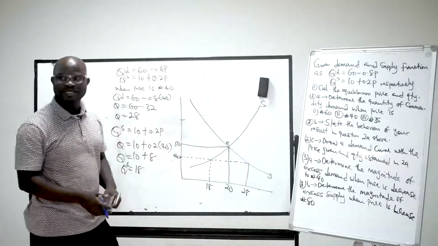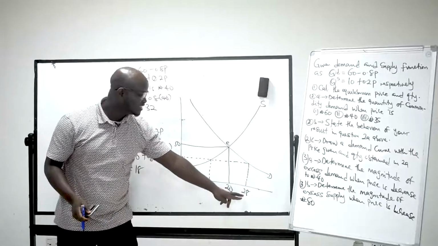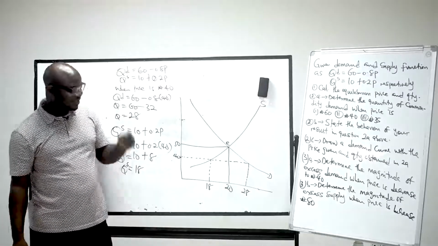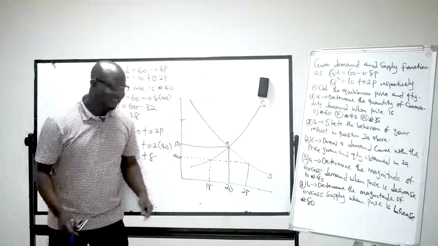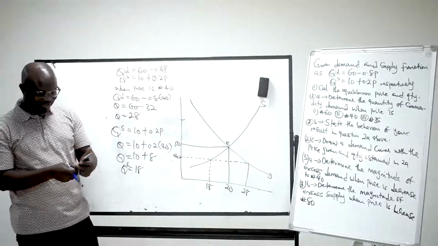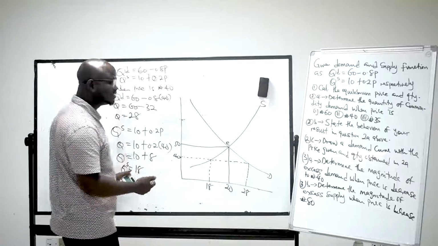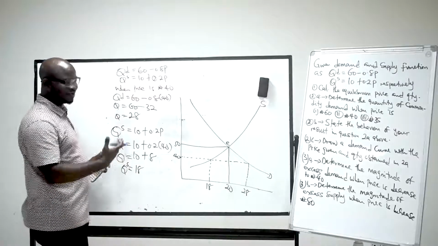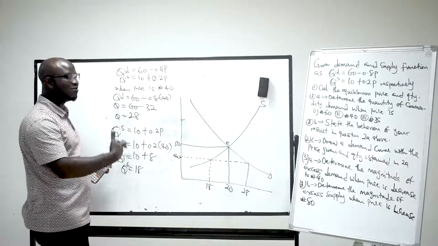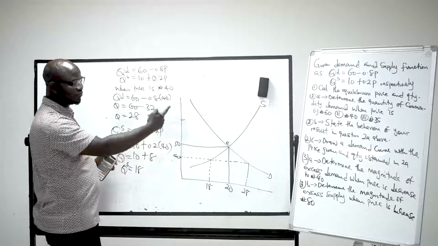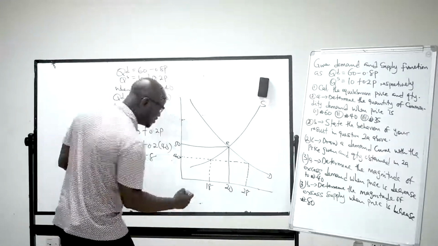So the excess demand here is just the difference between this and this. So when you say 28 minus 18, what do you have? It's 10. So the excess demand, consumed by the consumer when the price drops from 50 to 40, will be 10, right?